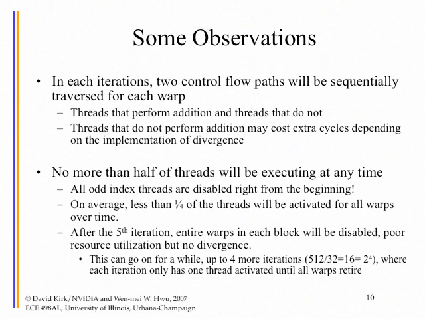No more than half of the threads will be executing at any time on this machine. If you look across all the blocks, across all the warps, no more than half of the threads will be activated at any given time in this piece of code.